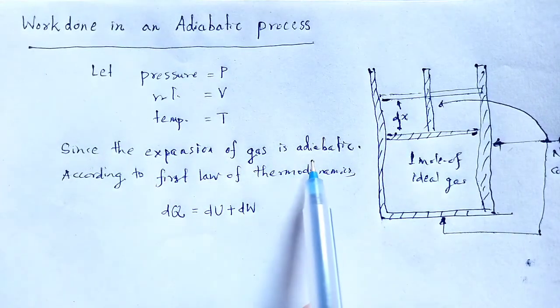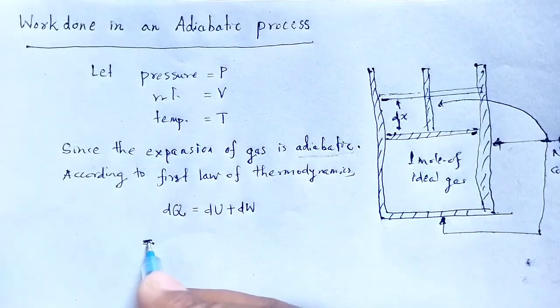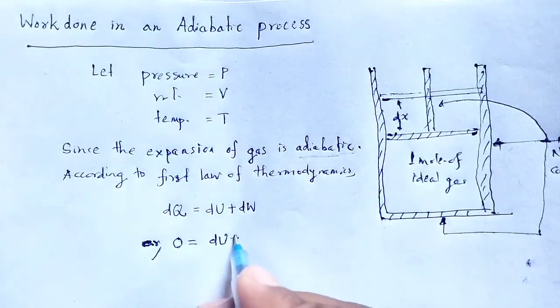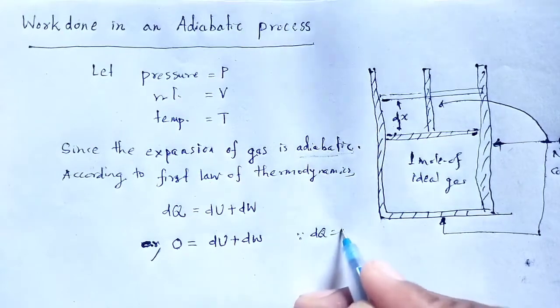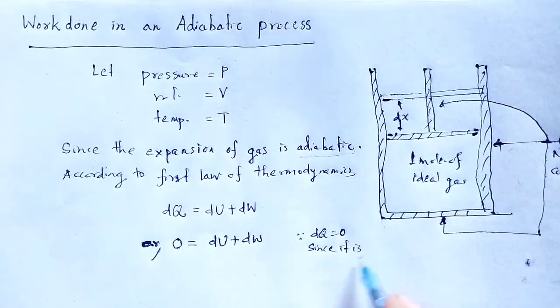Since the process is adiabatic, dq will be 0, that means 0 equals du plus dw.